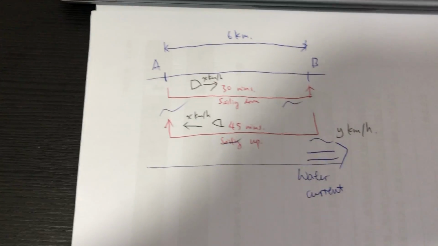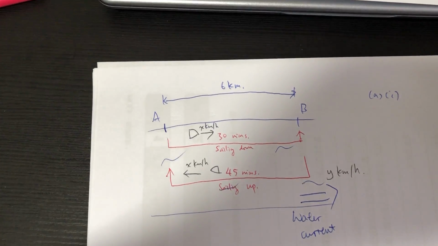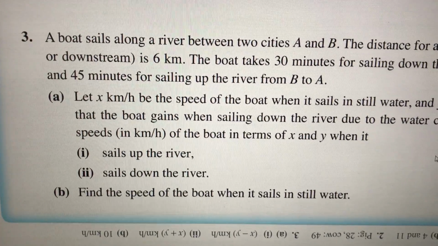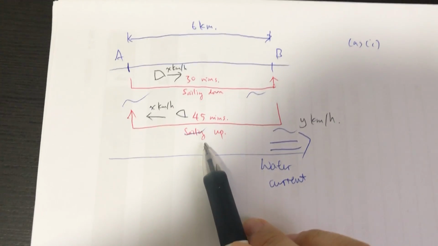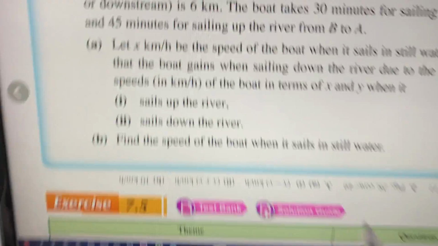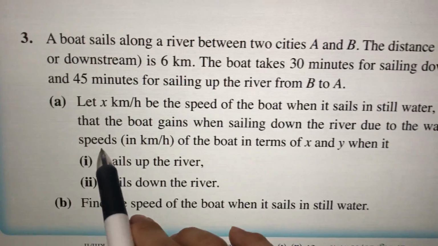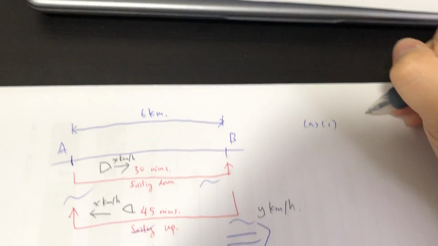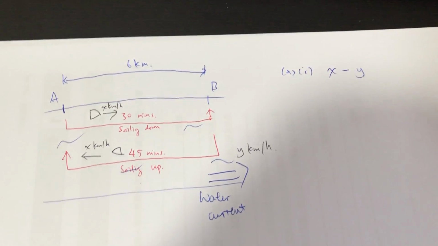So let's go to question A. You need to express the two speeds by using x and y. If it sails up the river, the speed of the boat becomes x but forced back by the water flow.